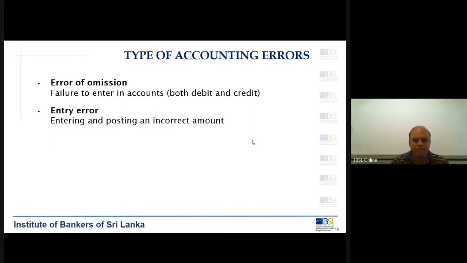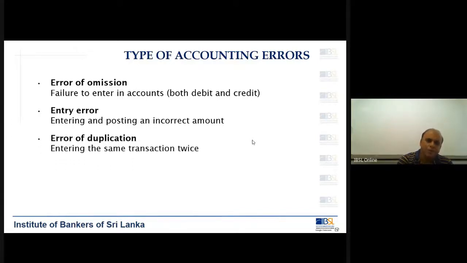Normally, when it is a cash related error and we balance the cash position at the end of the day, you might detect these types of errors. But there can be transactions which are not related to cash. And when those occur with an incorrect amount, they might not get detected at all. Sometimes your superiors or the auditors might come and detect those.